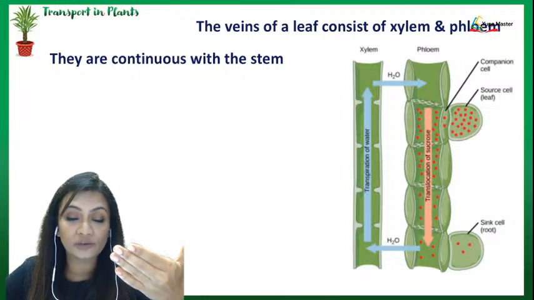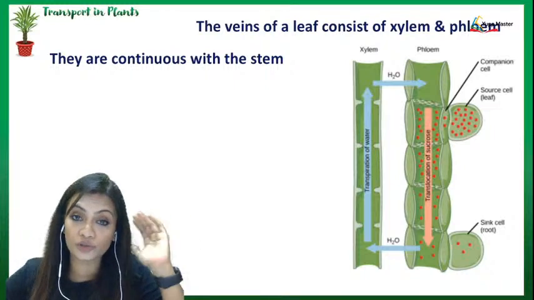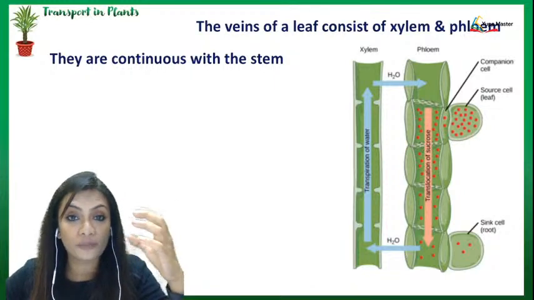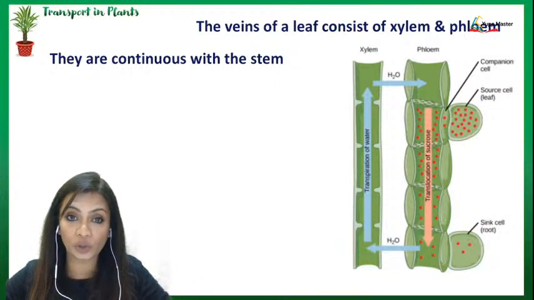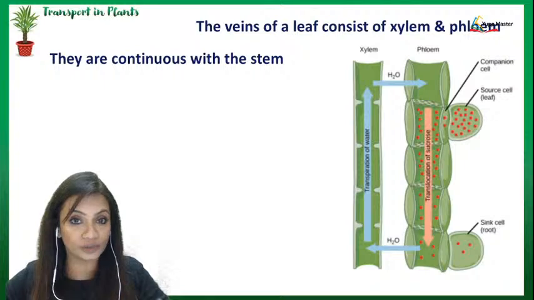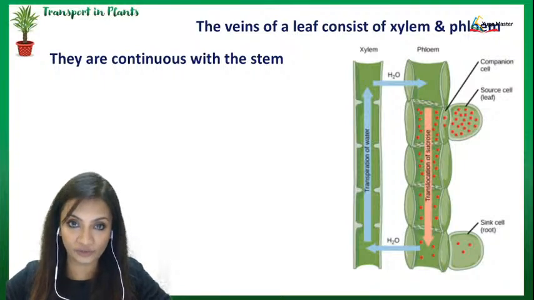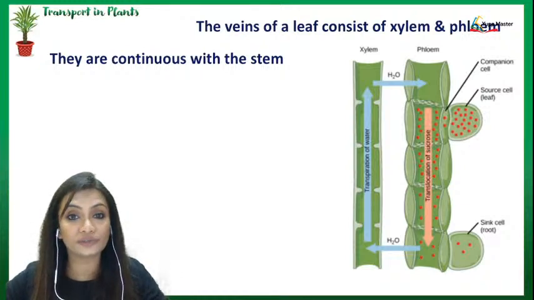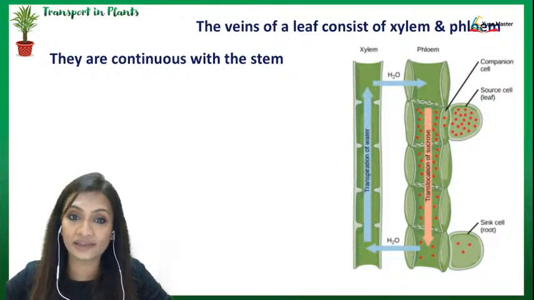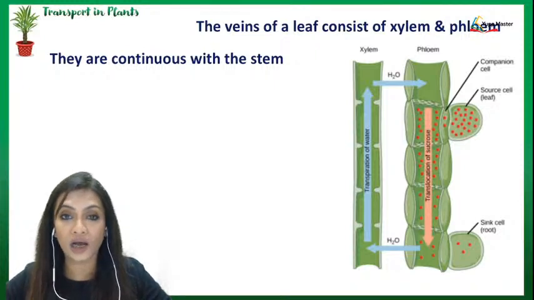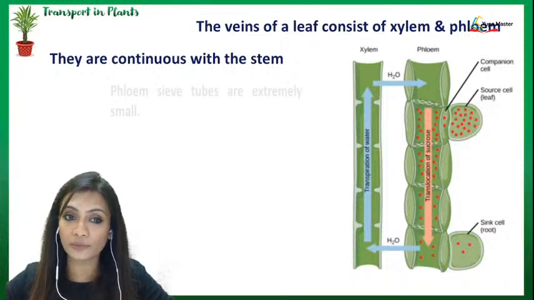The sugar which is produced at the leaf level, from the root or the tip of the leaf even, from there it has to be transported all the way to the remaining parts of the plant. So there has to be a network which is going to connect all the different parts of this plant, and that is the veins which are present. So the veins of the leaves are continuous with the stem of that plant.